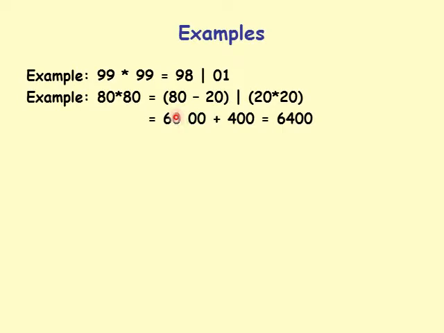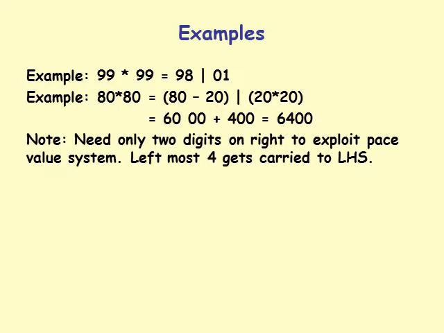So 80 minus 20 is 60, and then multiply by the base of 100, it becomes 60 and two zeros, and 400 on the right is a plus 400, that gets me 6400. So 80 times 80 is 6400. Let's continue here. Note that we only need two digits on the right to exploit the place value system.